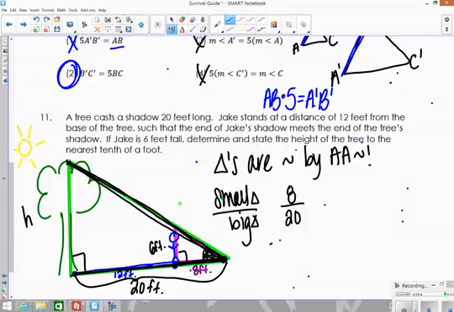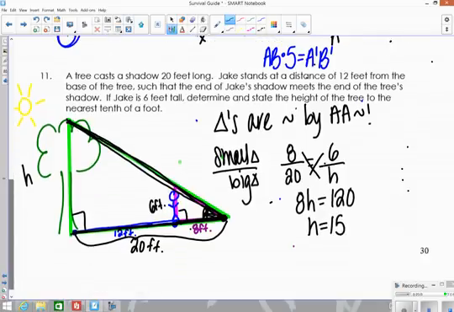So 8 to 20 is equal to his height, 6, to the height of the tree. Cross multiply: 8 times h equals 6 times 20, so 120. Divide both sides by 8, and you get 15. So the height of the tree is 15 feet.